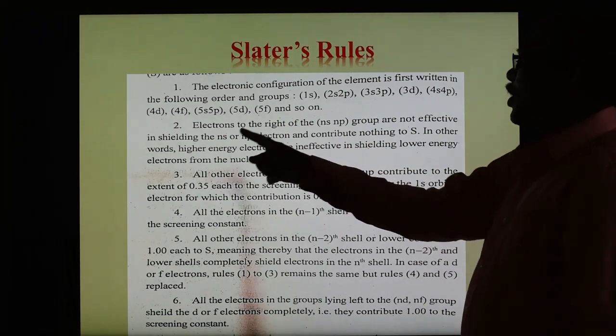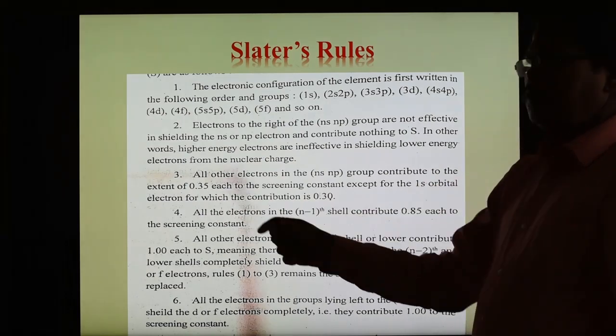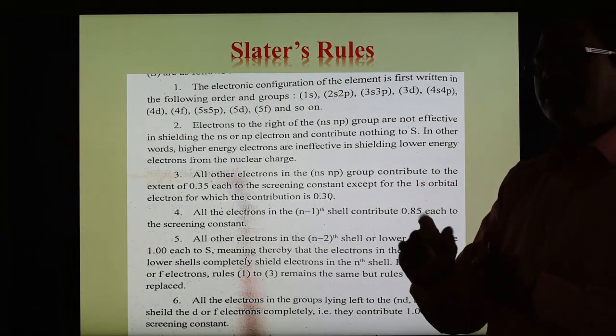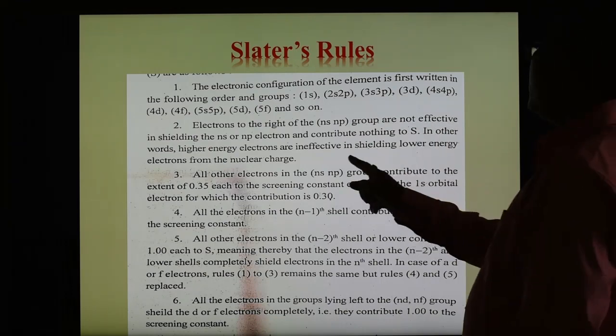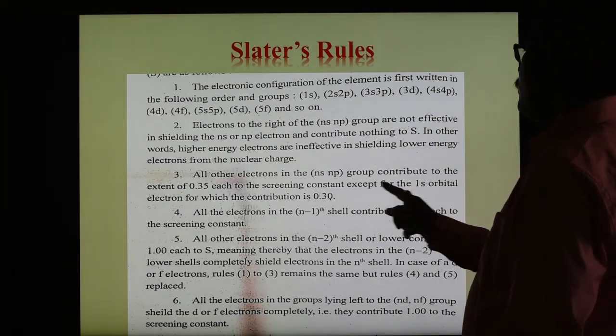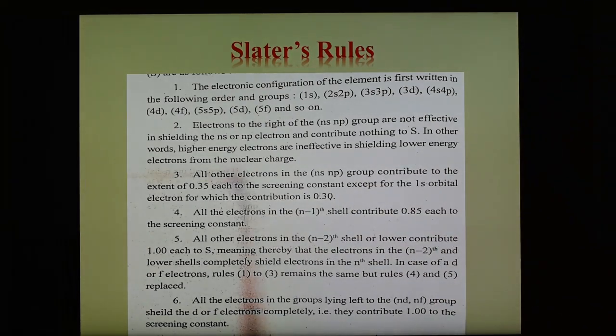The contribution is 0.35 for each electron present in the ns-np group, except for the 1s orbital, for which the contribution is 0.30.